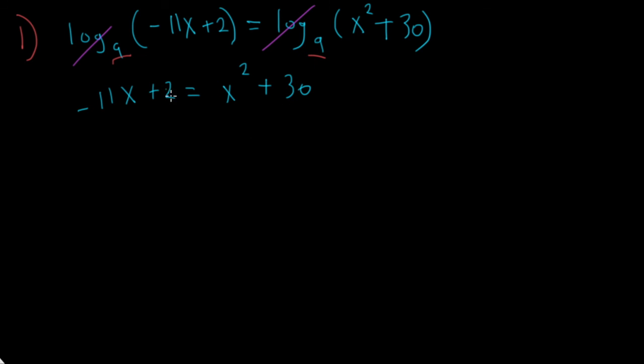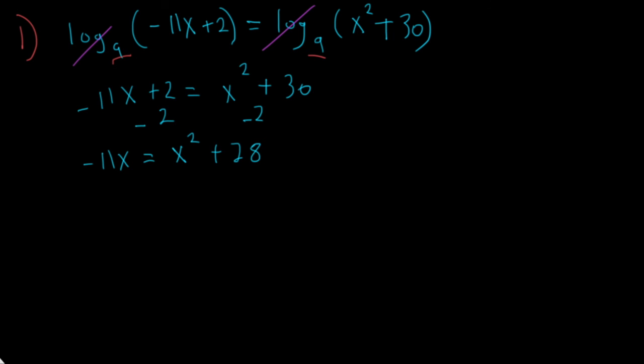Now, whenever we have a setup like this, we always want to get 0 on one side so we can factor. So we can start with subtracting 2. Negative 11x is equal to x squared plus 28.